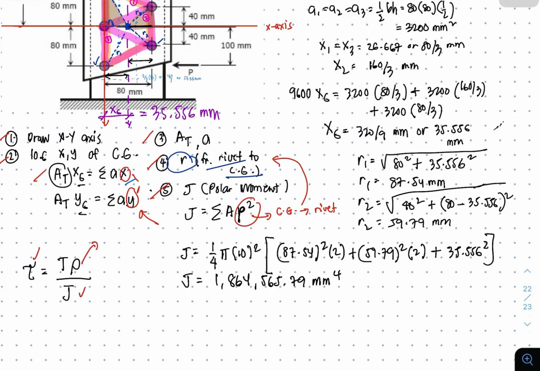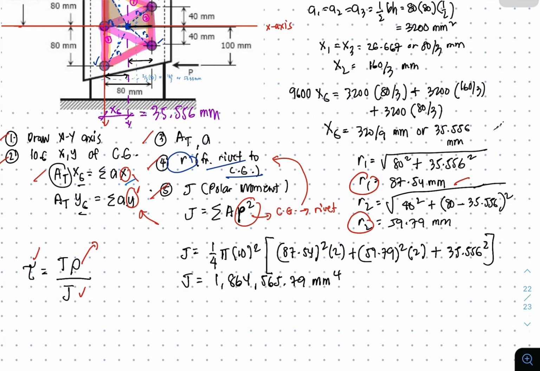We need to know the critical distance of our rivet from the centroid, and based on our values of rho, which is r sub 1 and r sub 2, the critical value here is the biggest one, the larger value among the two, which is 87.54 mm.